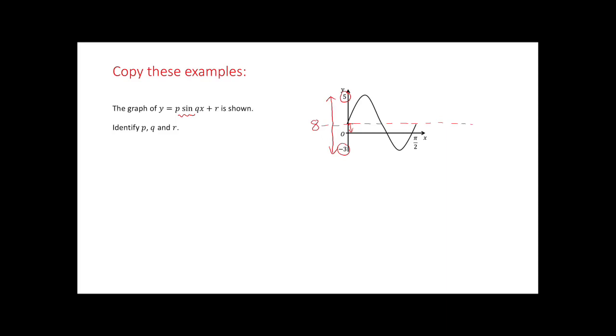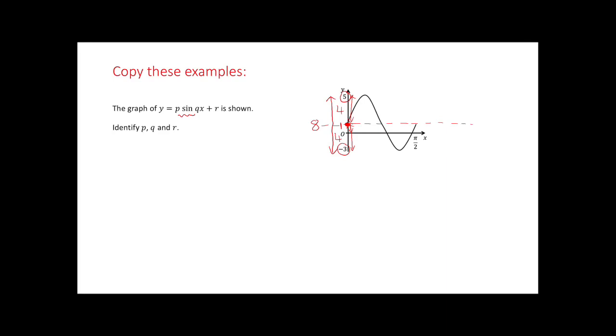So when we do that, we've got 4 bits up here, and then we've got 4 down here. So what we are saying is the gap from here to here is 4, and the gap from here right the way down to -3 is also 4. So when you think about what this point must be on your y-axis, that must be the point 1. So your sine graph has been shifted up by 1.